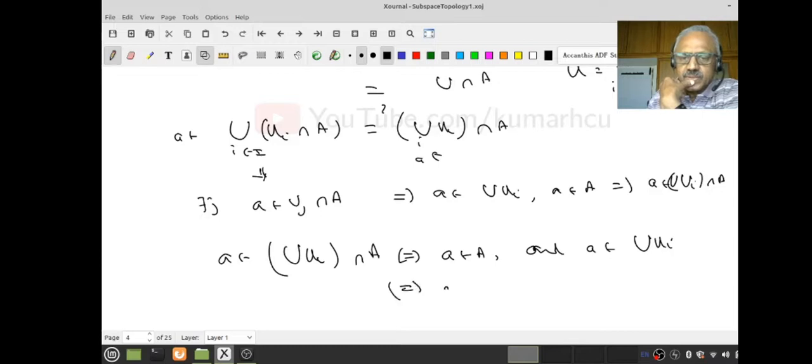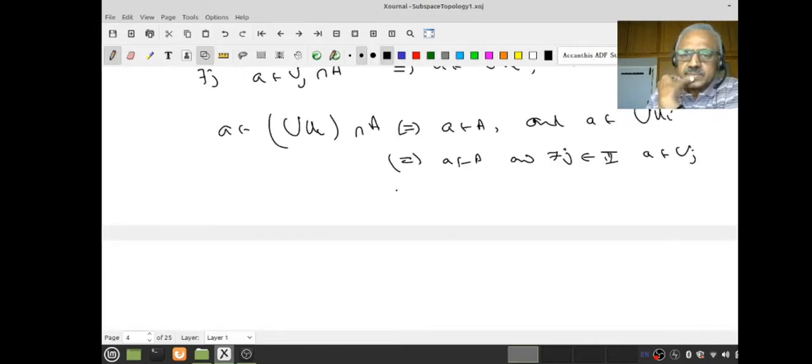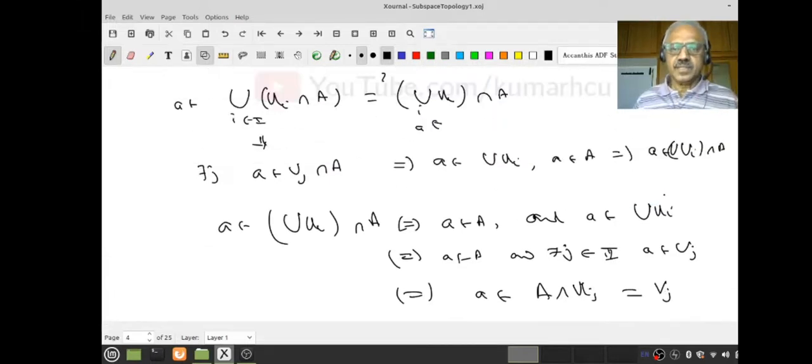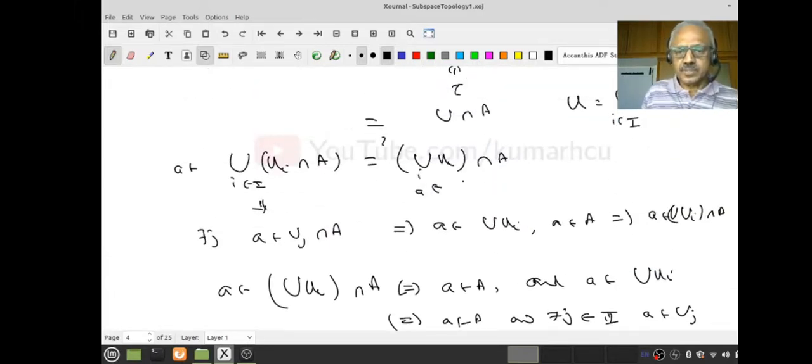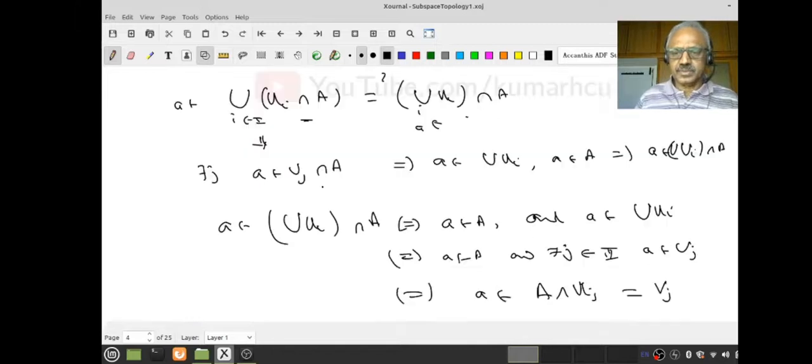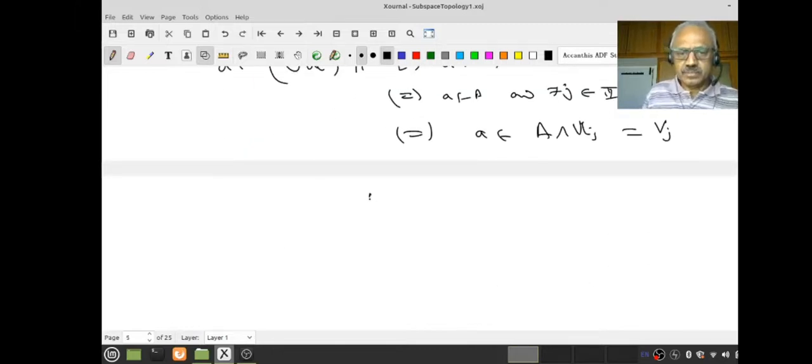This means a belongs to A, and there is a j in I so that a belongs to U_j. That means a belongs to A intersection U_j. That is your V_j. Right? Therefore, if a belongs to this, a belongs to this. Okay, this is a very fast thing, but those of you who have never seen such things, please go through this.